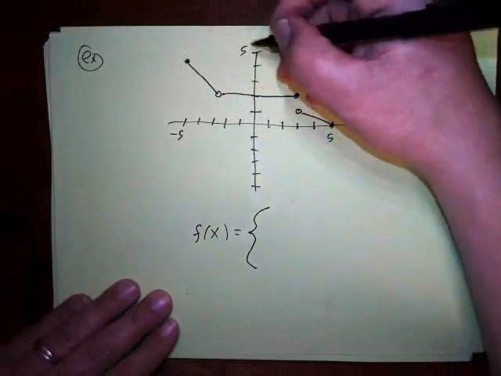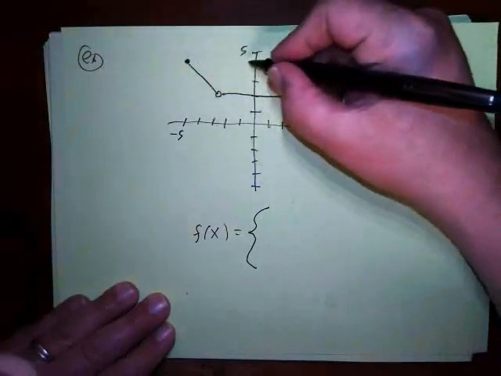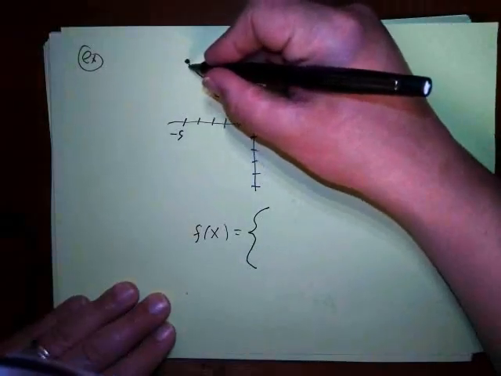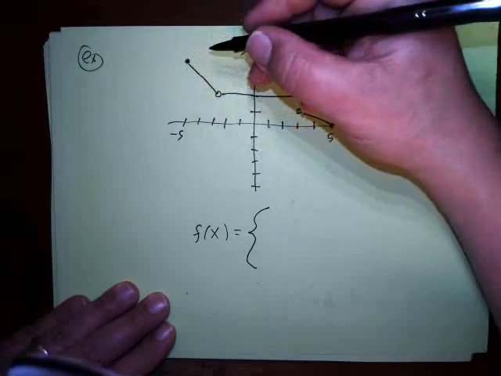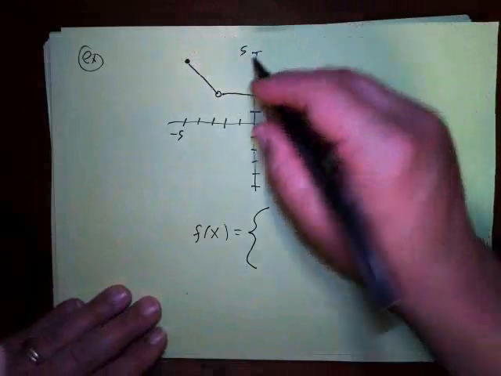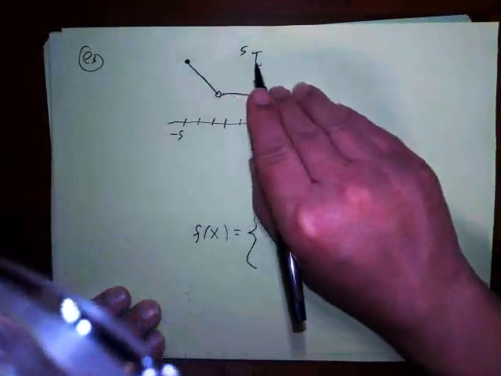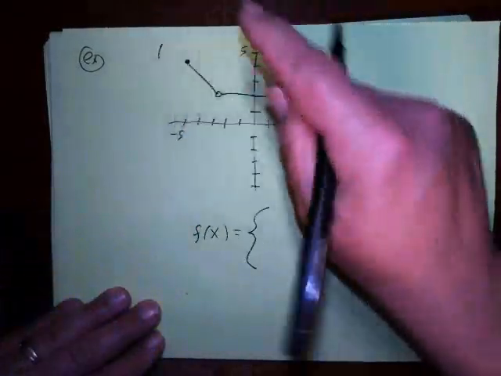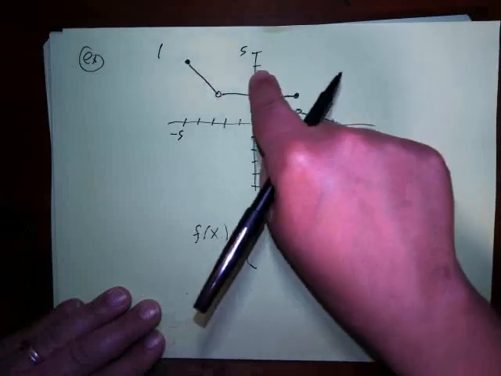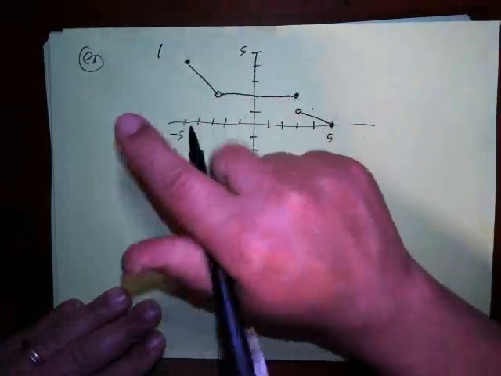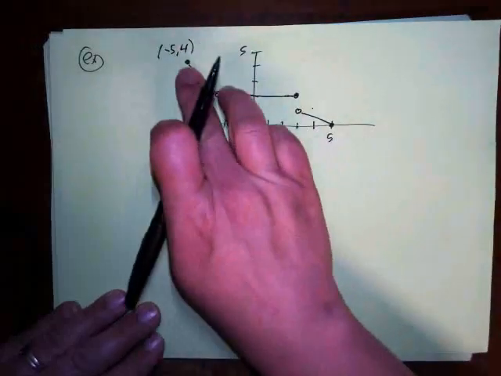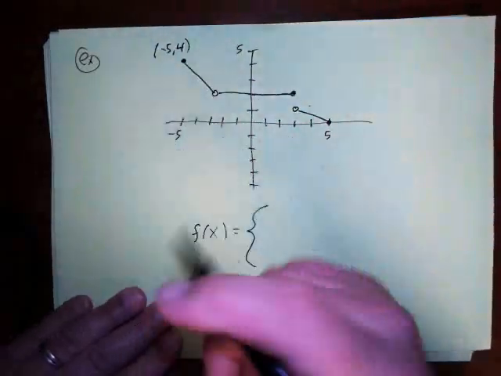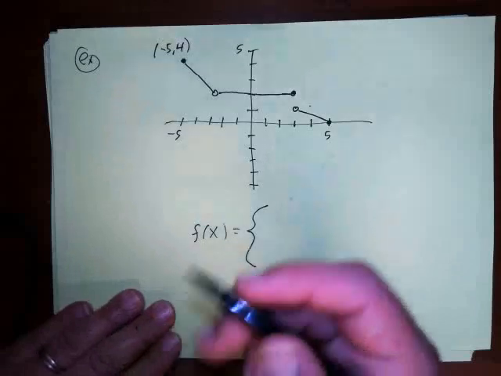I need to know what points these are. So let's just make some points here. So this is negative 5, 4. There you go. Negative 5, 4 is what this point was supposed to be, and it'll be more clear on your graph.